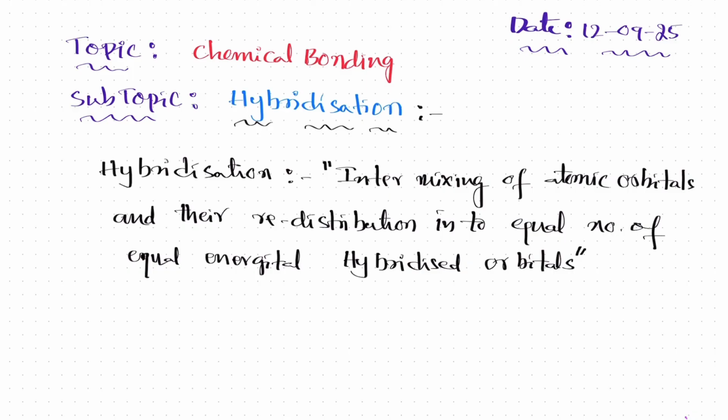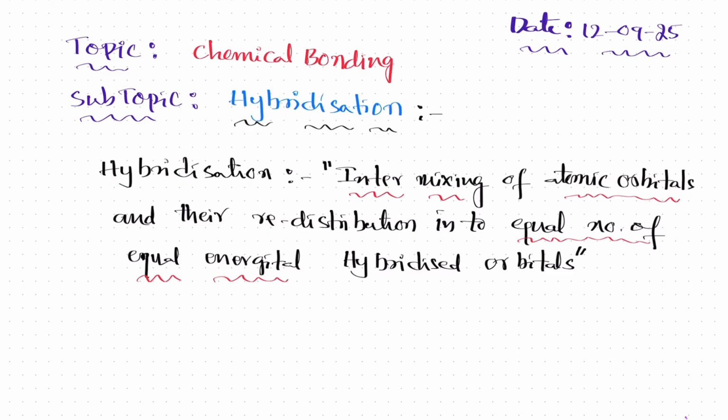Hybridization. See again, what is the definition of hybridization? Intermixing of atomic orbitals, and their redistribution into, very important point, equal number of hybridized orbitals formed, and equal energetical.